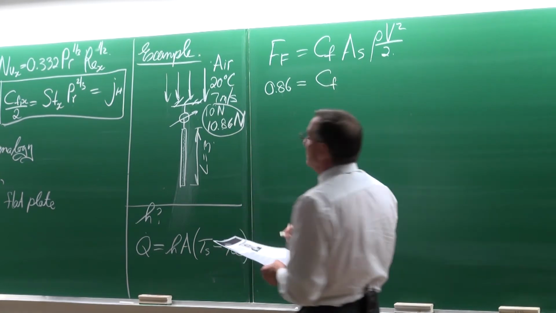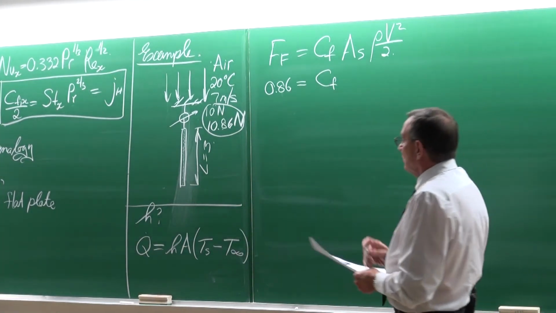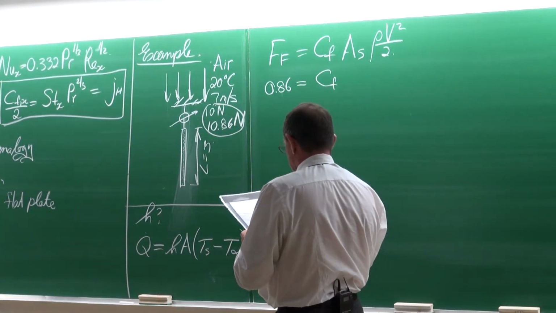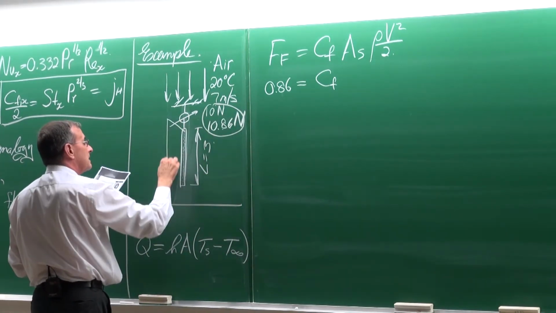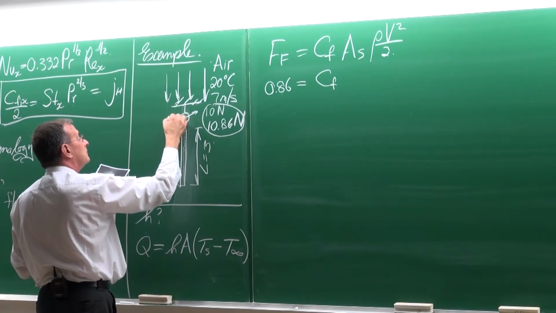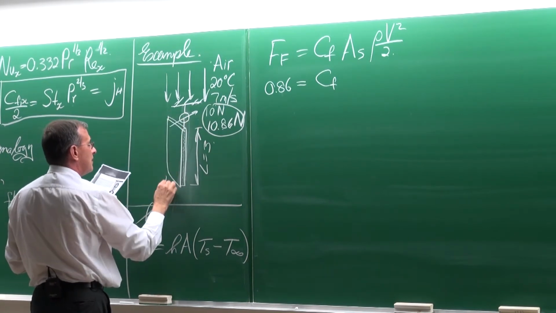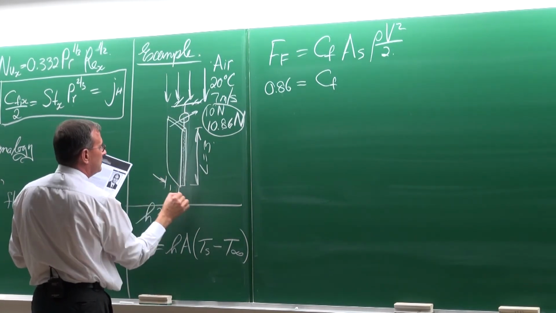It's going to be equal to CF multiplied by the plate, and let's suppose it is 1 meter in that direction, like that.